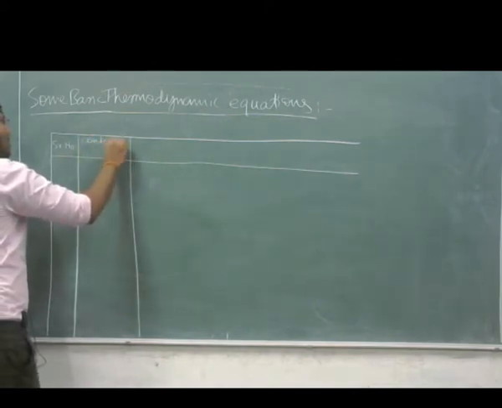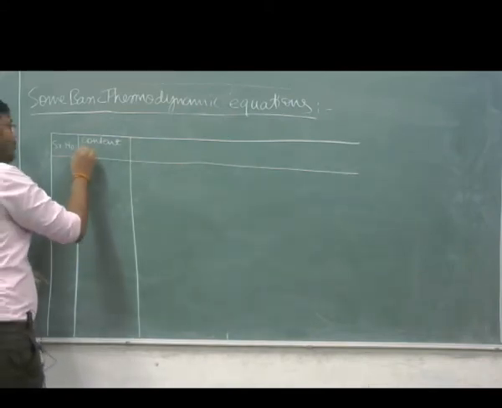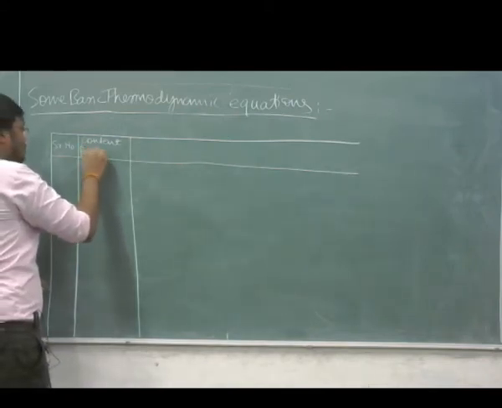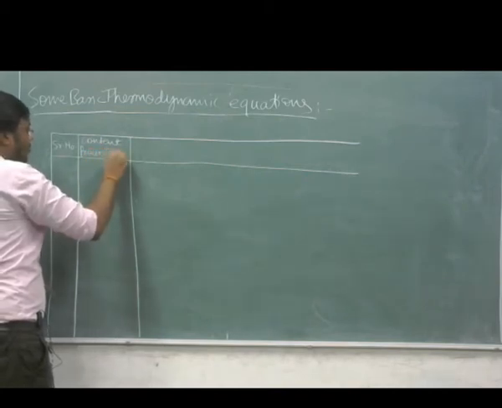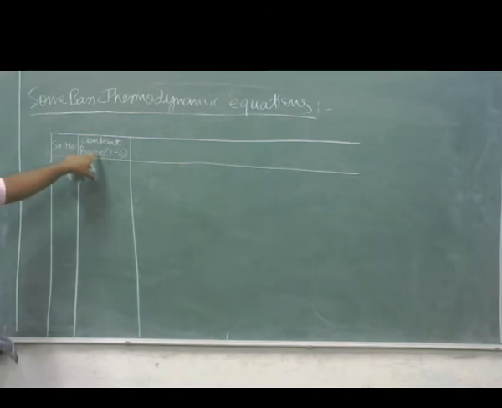Content means which type of equation we are going to write. I am going to take a process between point 1 and 2. You have studied about processes and cycles in thermodynamics, so I am going to write these equations for process 1 to 2.